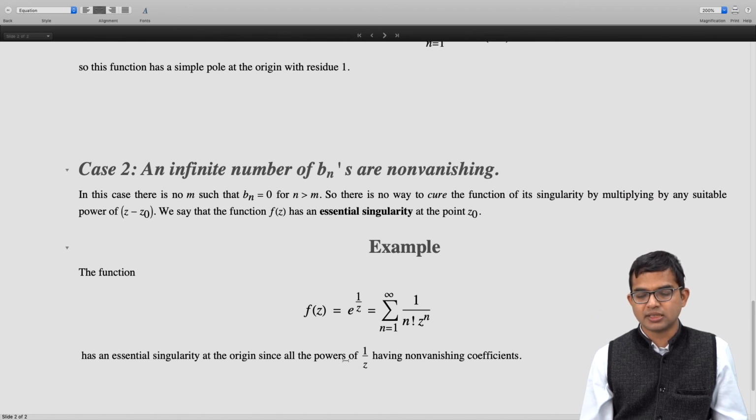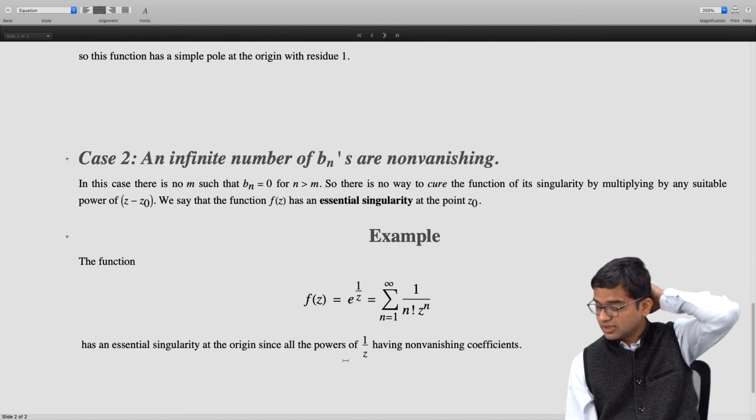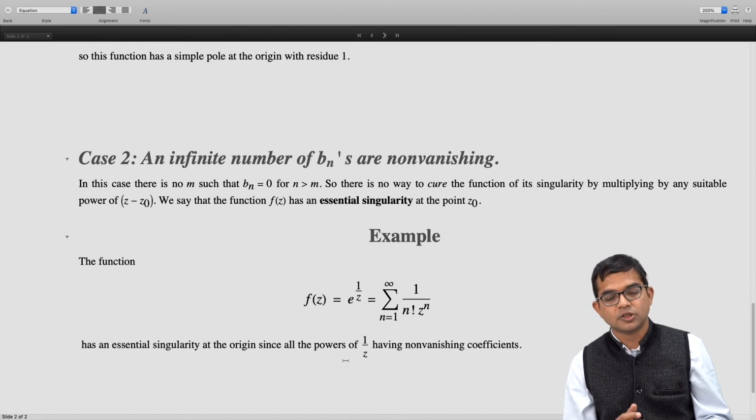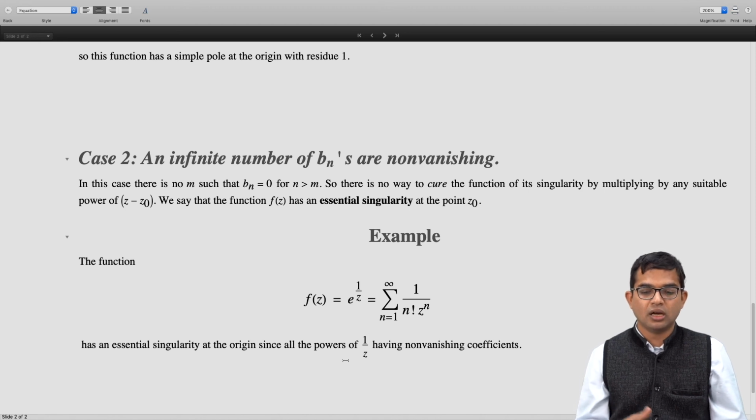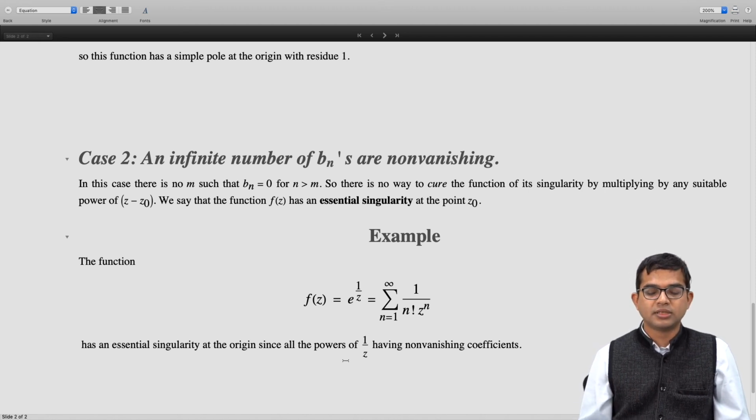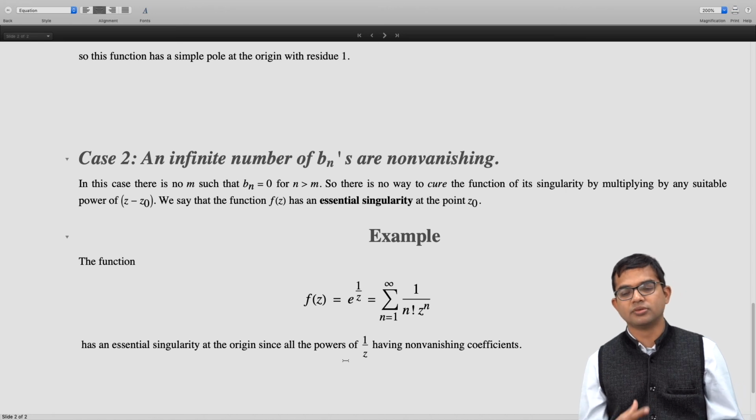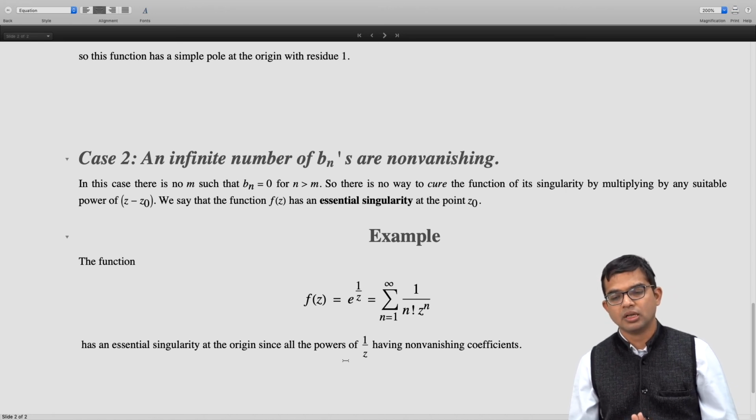Whenever you have an essential singularity, it has certain weird special properties around it, so that the function tends to take basically any value you wish in its neighborhood, right? So there are interesting properties of this weird kind of singularity.